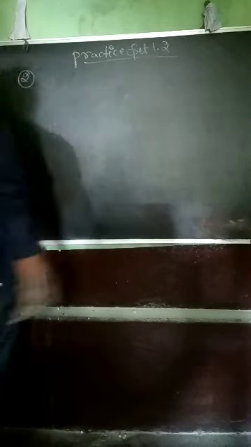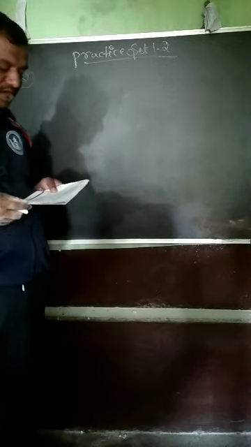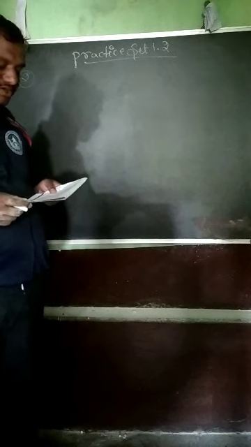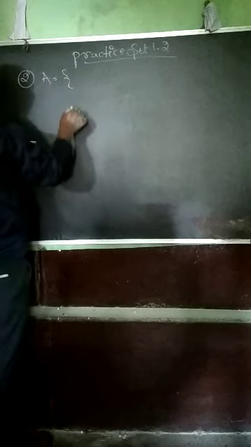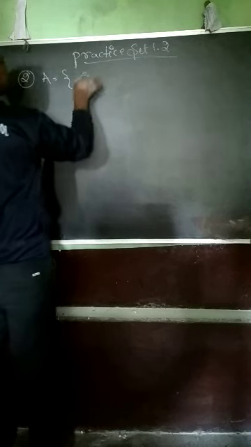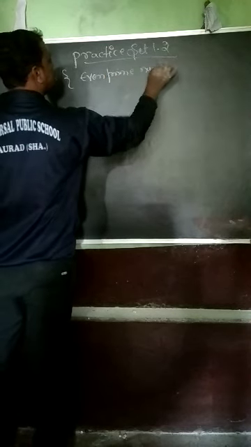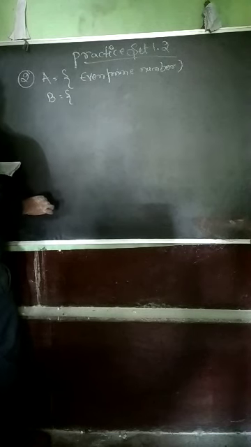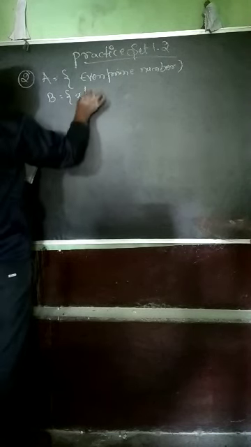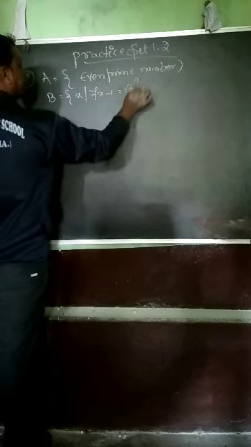Next we go to the second question of practice set 1.2. See here, decide whether set A and set B are equal sets. Give reason for your answer. The given set A is equal to the even prime number and B is equal to x such that 7x minus 1 is equal to 13, right?